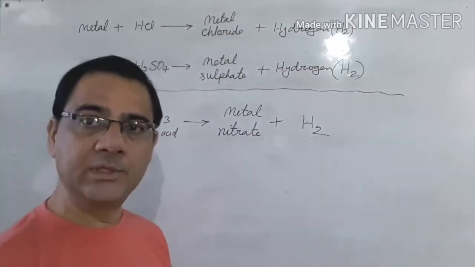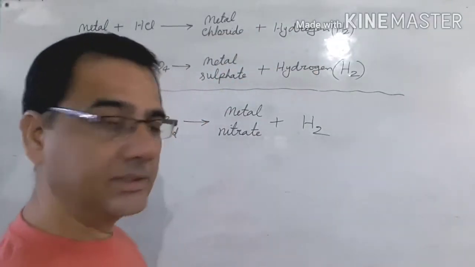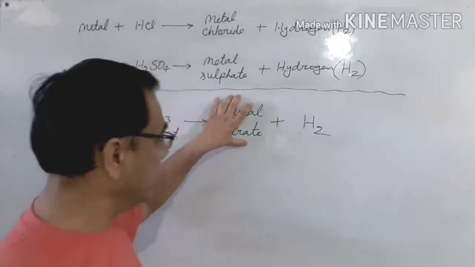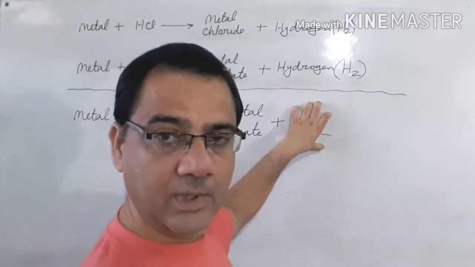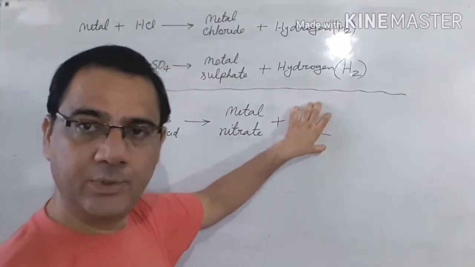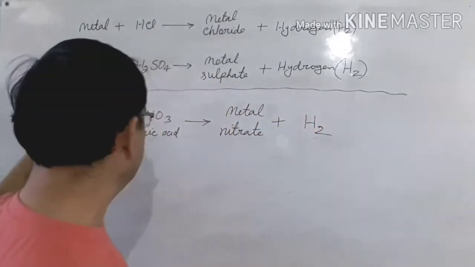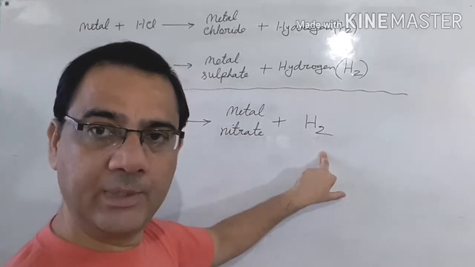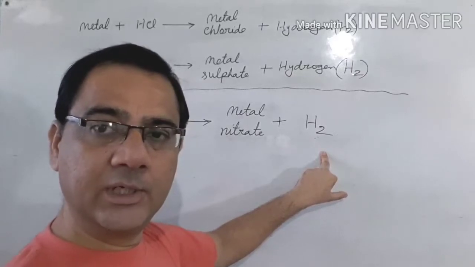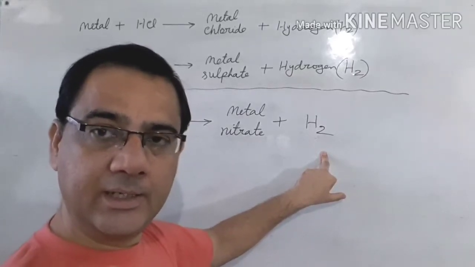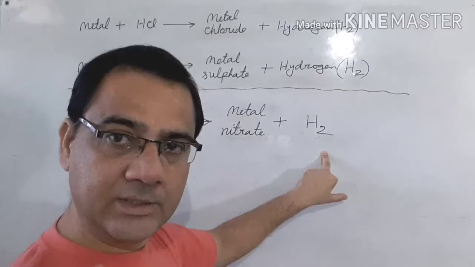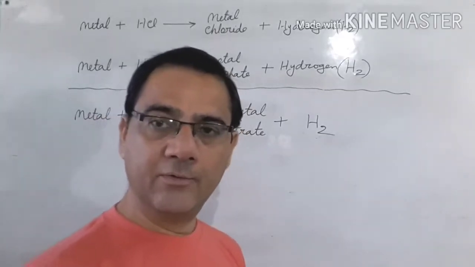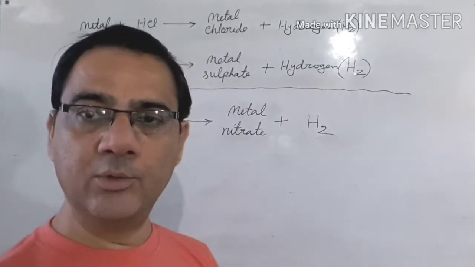Now we see what happens when the metal reacts with the nitric acid. When the metal reacts with the nitric acid, it may form metal nitrate and hydrogen. But this hydrogen which is produced does not remain as it is. Actually, nitric acid is a strong oxidizing agent, and oxidizing agents are those substances which provide oxygen during the process.